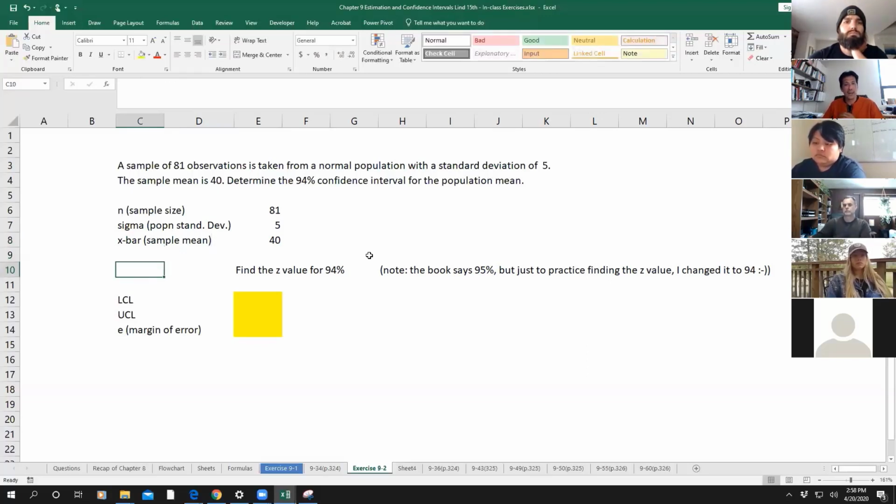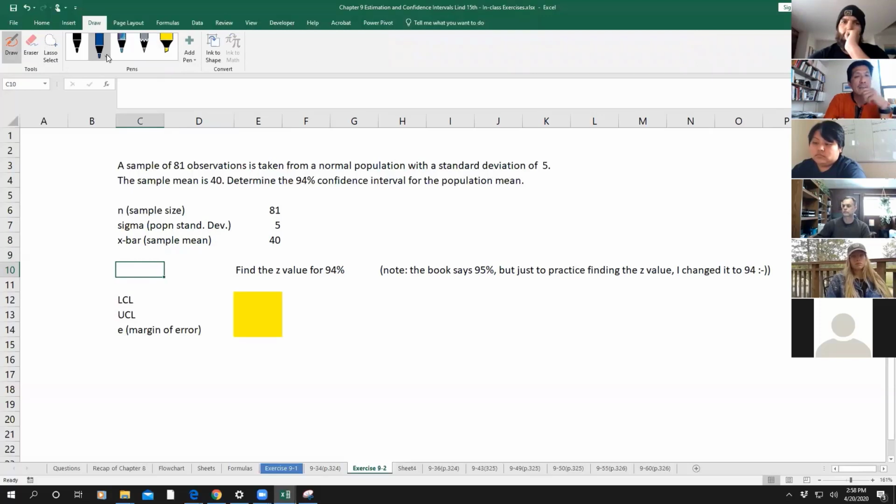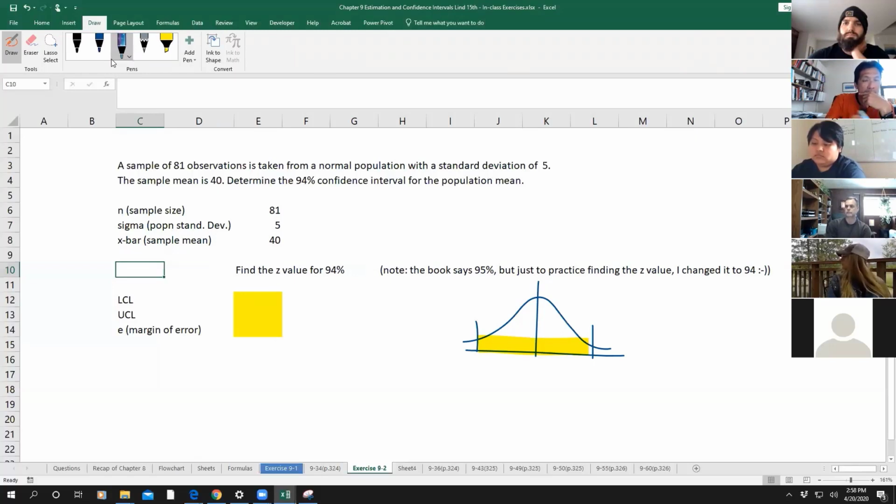All right, so how about the Z value for 94%? Meaning, if we drew the distribution, the area between the upper limit and the lower limit is 0.94. Okay.